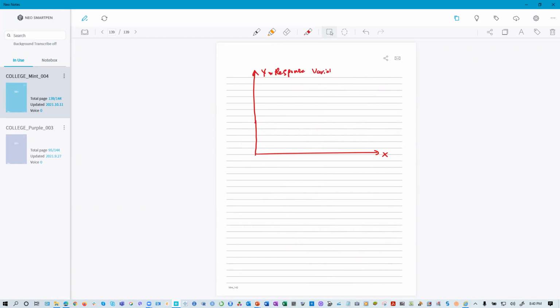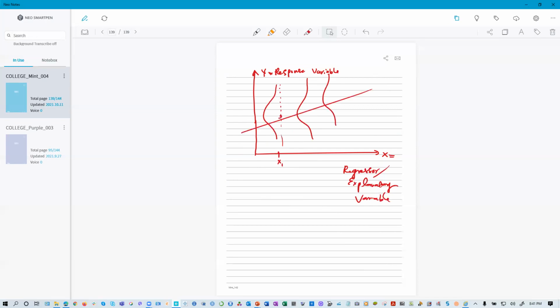X is your regressor variable, or explanatory variable, whatever name you call it. For any given x value, say x1, there are infinitely many y values. You do this for all the x values.